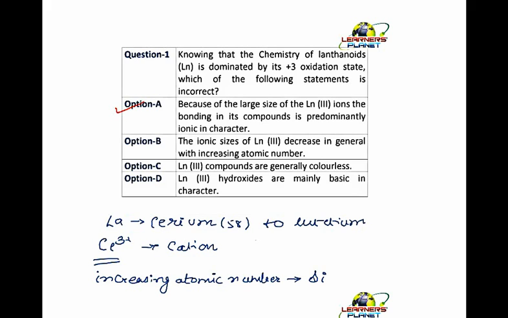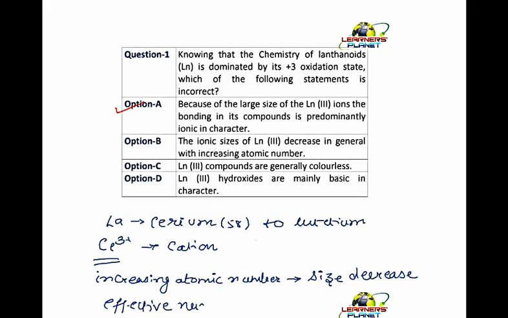The size should increase, right? But here what is happening? In this case, the electrons are added to the same shell, and the size of the lanthanides decreases. Why does it decrease? Because of the effective nuclear charge.